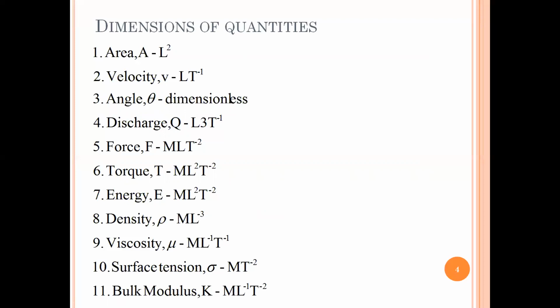I have written some of the standard dimensions used for fluid mechanics. Now you have force. Force is mass into acceleration. Mass is coming here, and acceleration is meter per second square. Meter is L, and second square is written as t to the power minus 2.